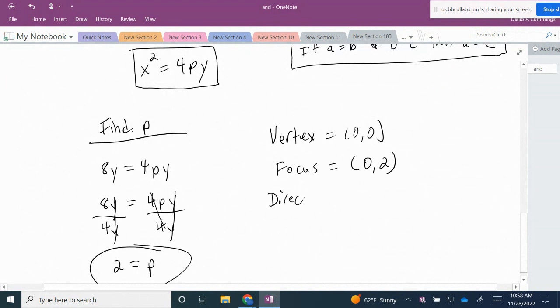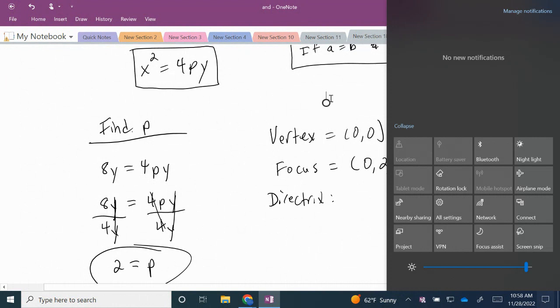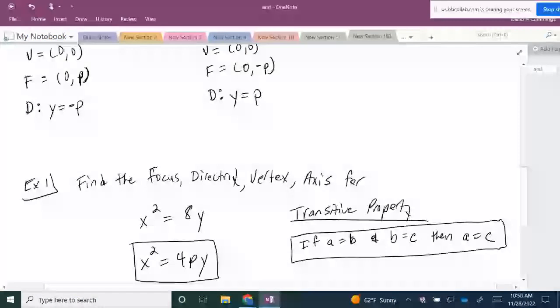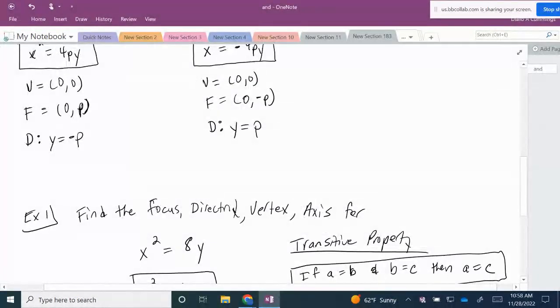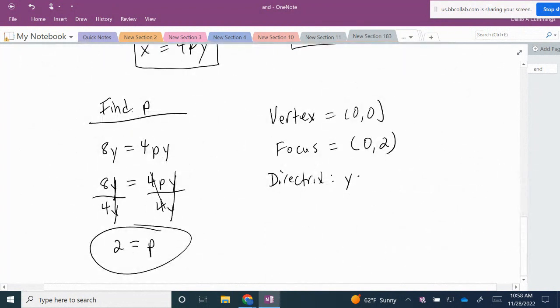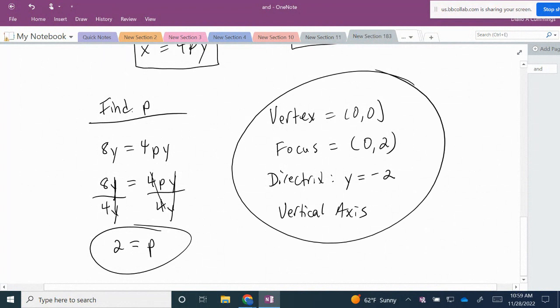The directrix has the formula y is equal to negative p. So the directrix is y is equal to negative 2. And this has a vertical axis of symmetry.